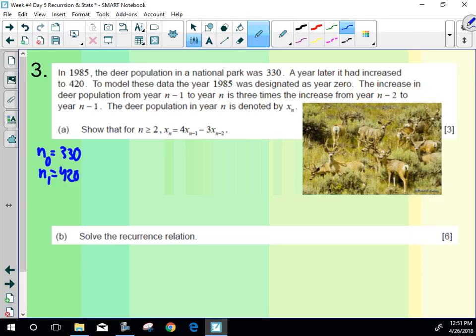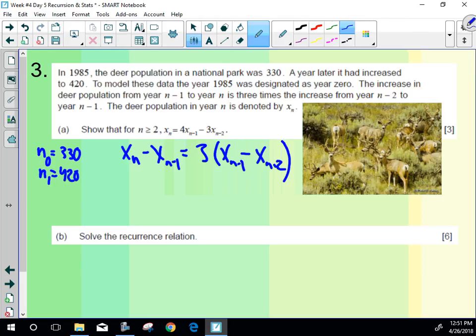The increased deer population from year N minus 1 to N, or we would go X of N minus X of N minus 1, is going to be 3 times as big as going from X of N minus 2 to X of N minus 1.